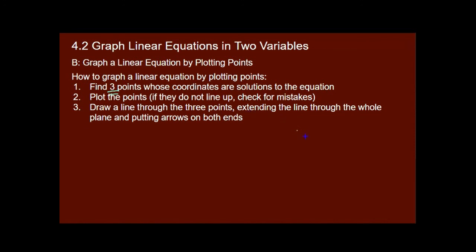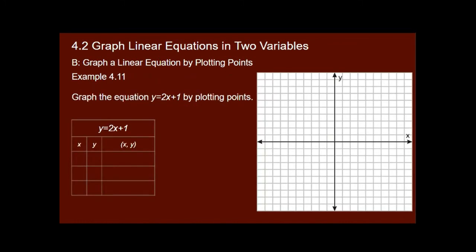So if my points are here, I'm going to extend the line all the way through until I'm at the edge of my coordinate plane and put arrows on both ends, because that's going to indicate that that line goes on forever in both directions, because that's the definition of a line. So let's look at an example to see what this looks like.